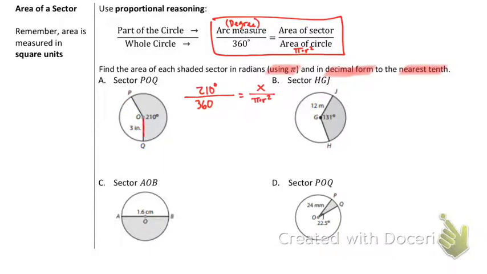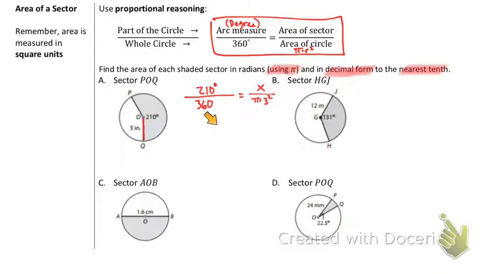So if you look, this measurement here is the radius, which we know is 3 inches. So we're going to plug that into this formula. So it's going to be times 3 squared.